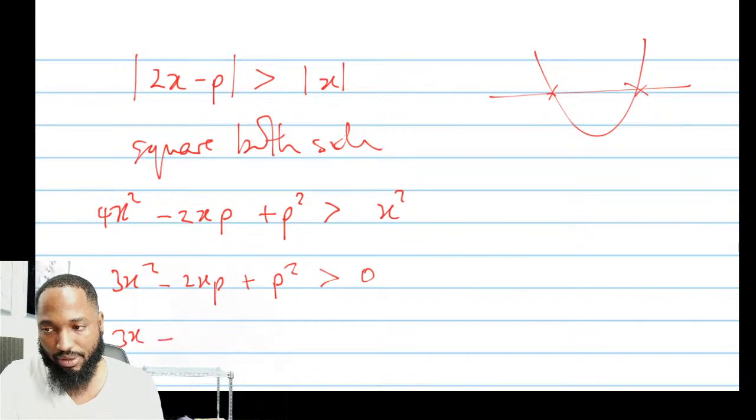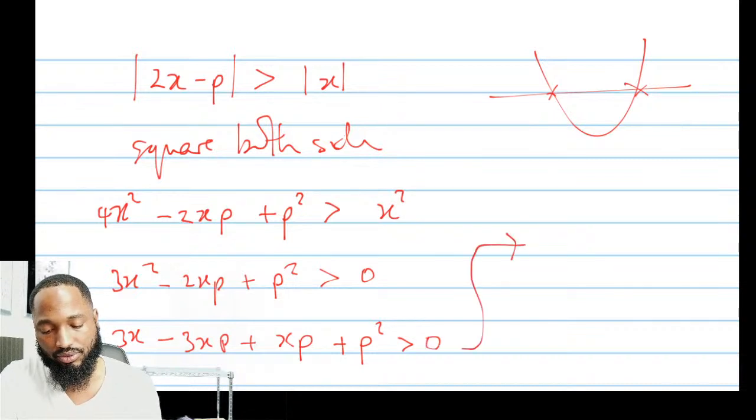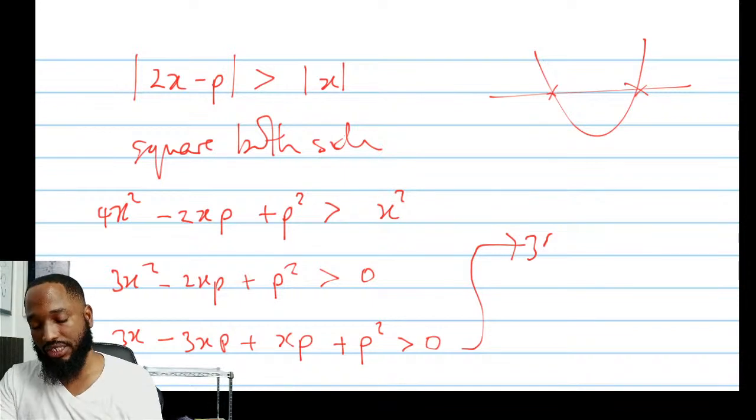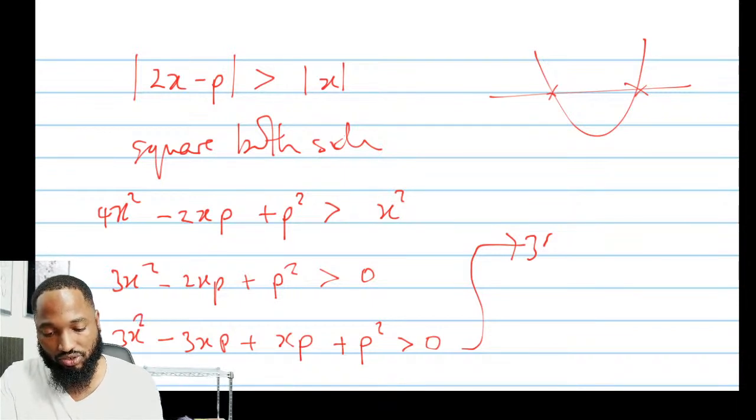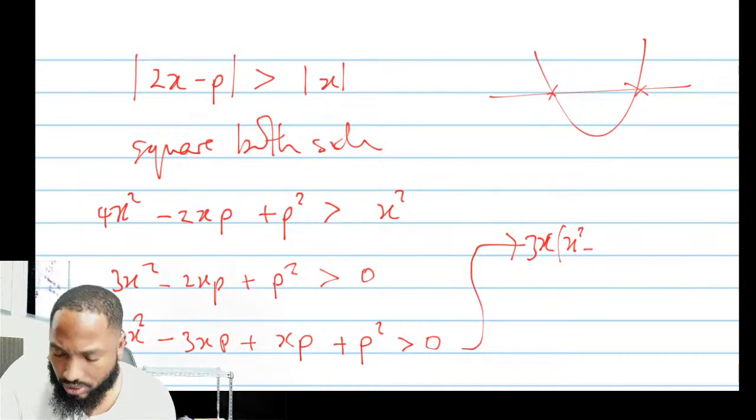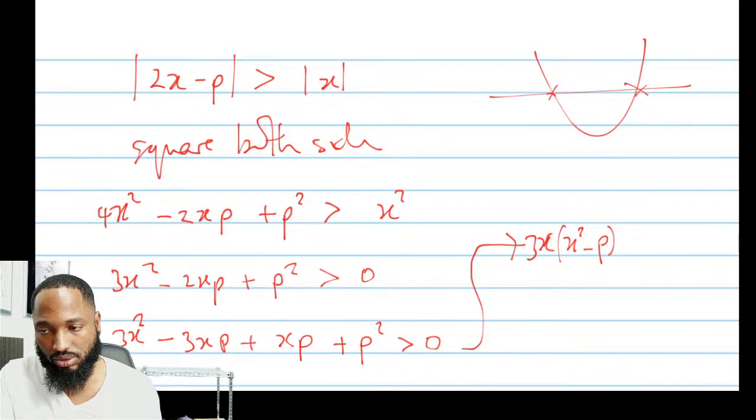This will be 3x squared minus 3xp plus xp plus p squared is greater than 0. So it's now 3x into x minus p.